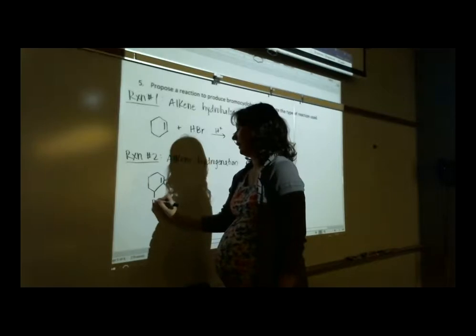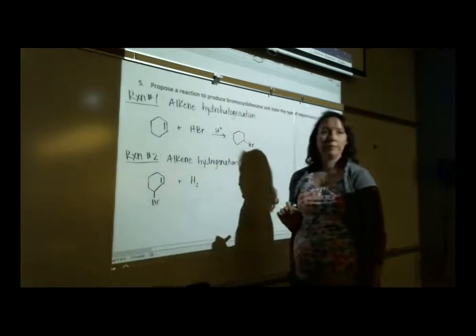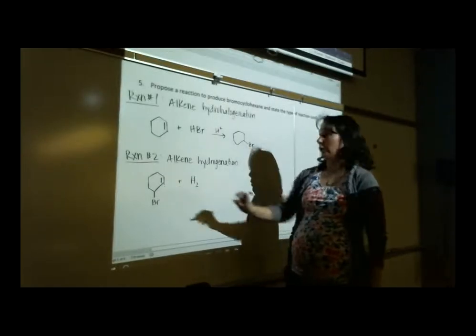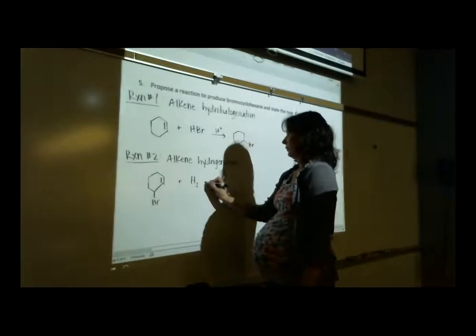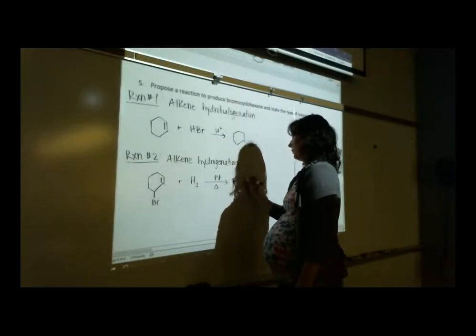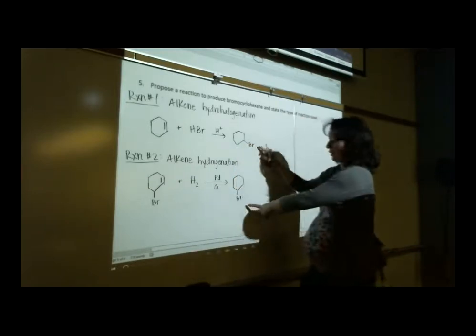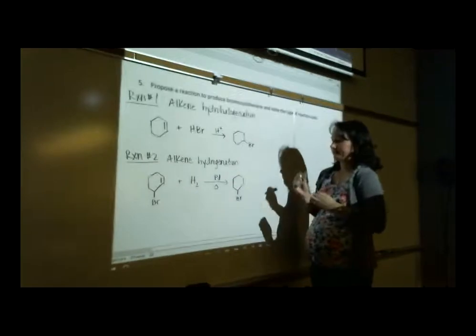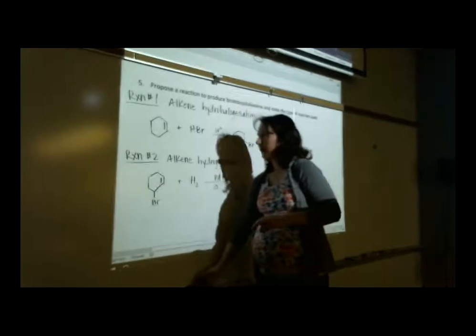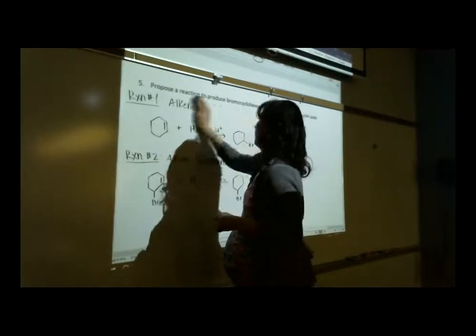What if you just had that, plus H2? You'd reduce the double bond, that'd leave you with bromocyclohexane. Those are the same thing, right? So either one of those would have worked. Any questions on 5? Doing good on that one?